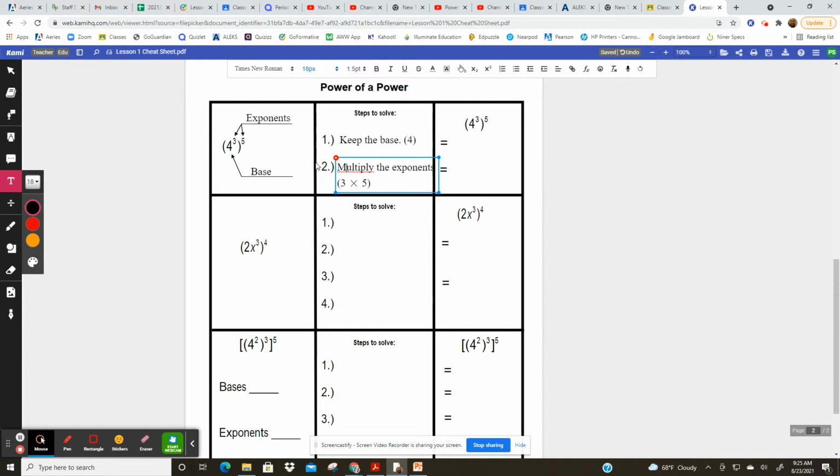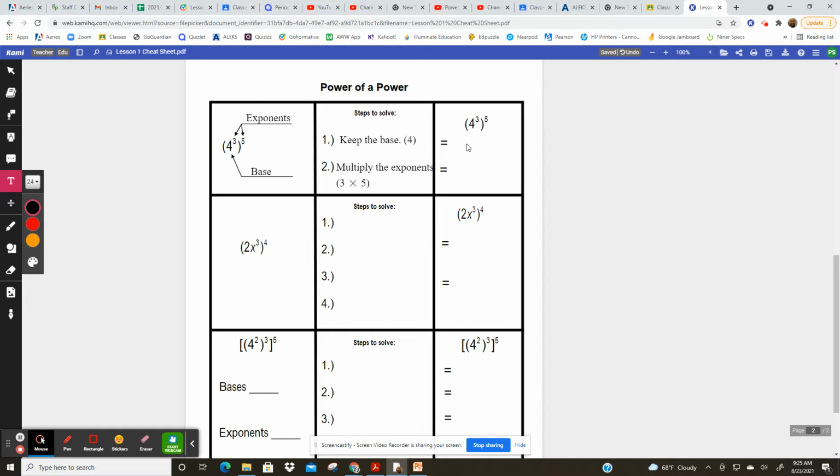I'm going to go to maybe 18. 18's kind of small. I want 20. We'll just try 24, see how it goes. So I can barely get the exponents in there. That's fine. That way you guys can see it.